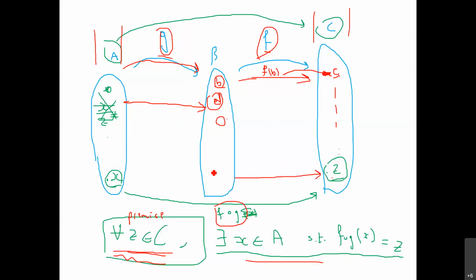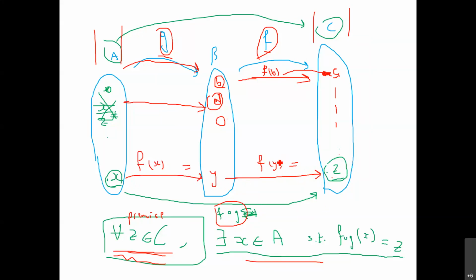So you can have here some element Y such that F of Y equals Z. Y is an element in B. Using G, since it's surjective, it's going to have some element in A. Let's call it X, such that G of X equals Y.